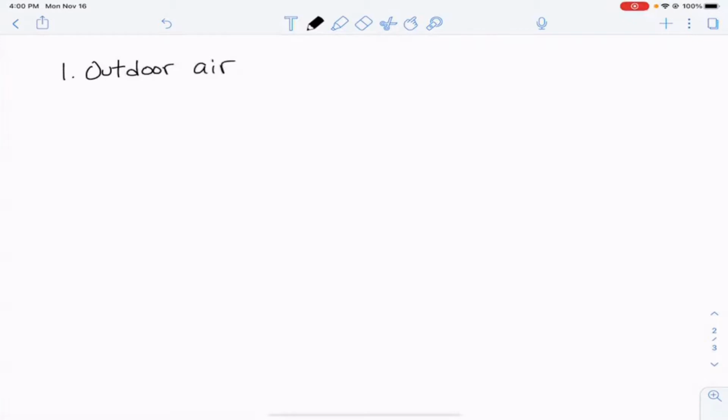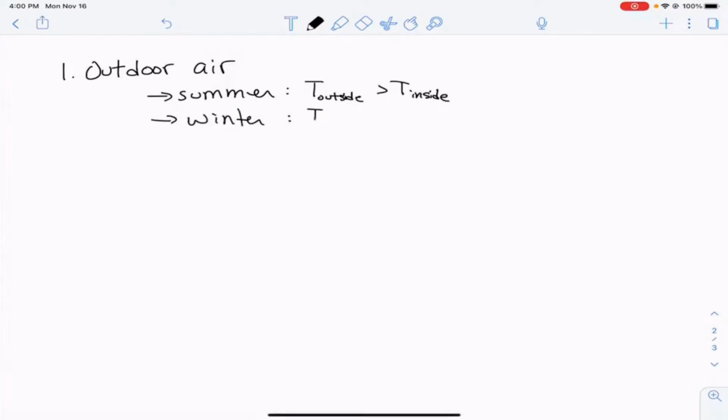And outdoor air has an interesting condition where in the summertime, the temperature outside is greater than the temperature that you want inside. And in the wintertime, the opposite is true: the temperature inside is greater than the temperature outside.